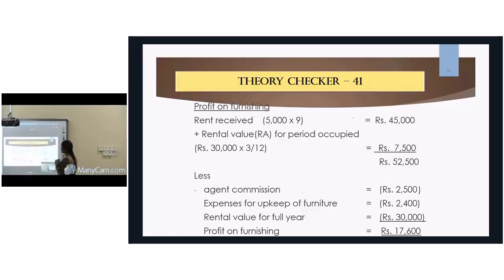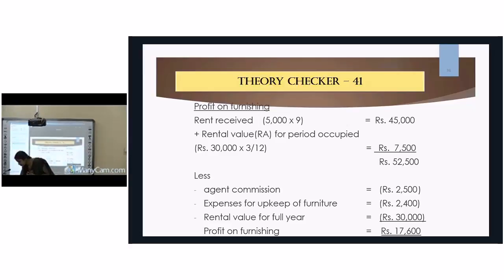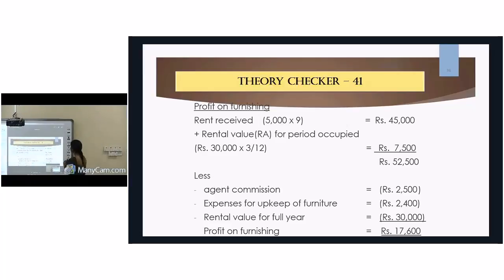Okay, profit on furnishing. Rent received, in the same format which we have earlier discussed. Rent received 5,000 into 9 months, because for the 9 months you have given it for renting purposes. Okay, 45,000. And the rental value, that is the rating assessment for the period occupied by the owner.